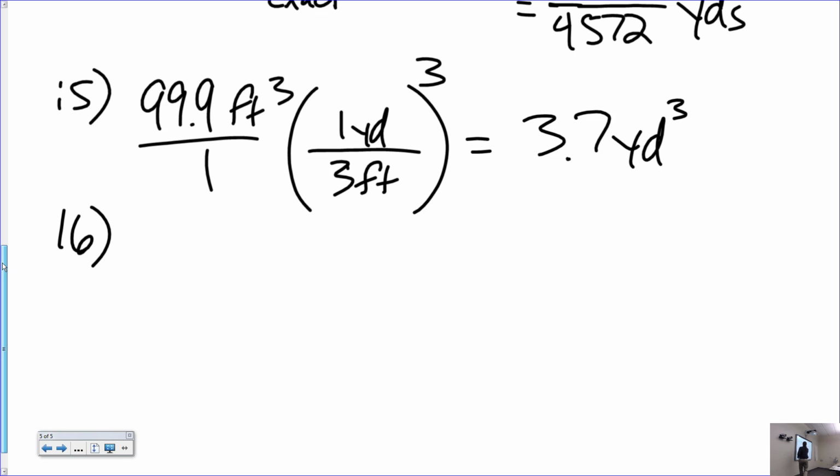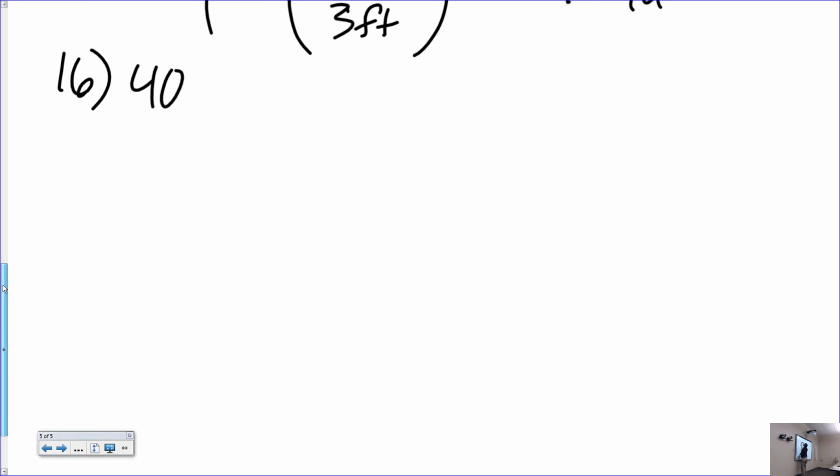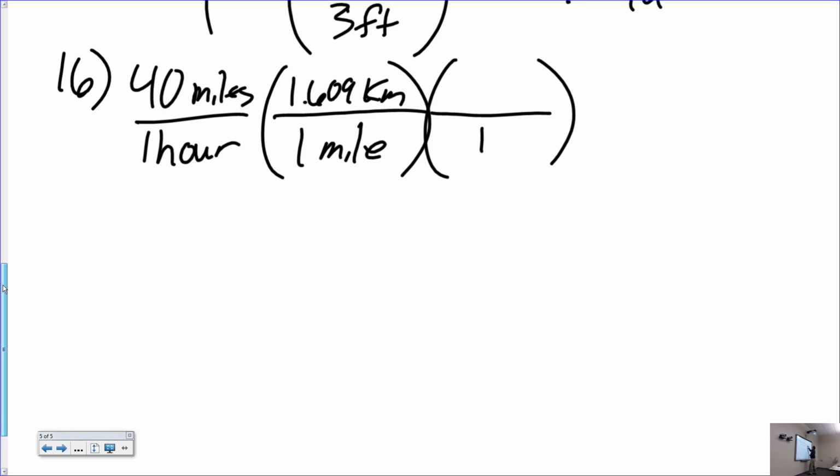And then last but not least on this page, the miles per hour to feet per minute or meters per second. 40 miles per hour. So you have to convert the miles and the hours, right? 1 mile, 1.609 kilometers. 1 kilometer has 1,000 meters.